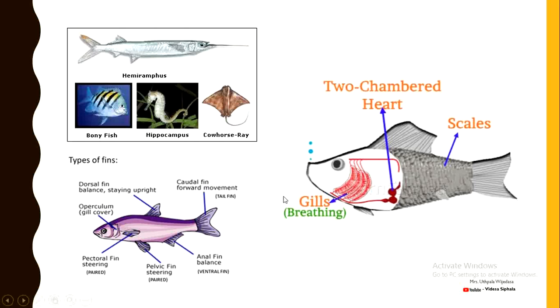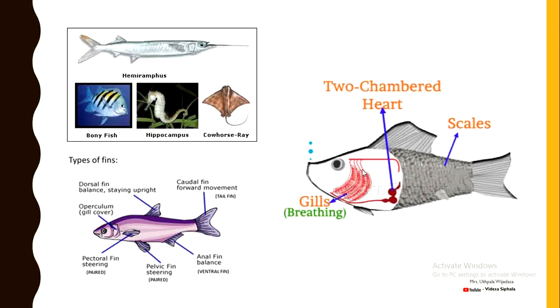They have different types of fins which are helpful for swimming, and some are helpful to balance their body. They have a two-chambered heart in which there is a single atrium, the upper chamber, and a single ventricle, that is the lower chamber.